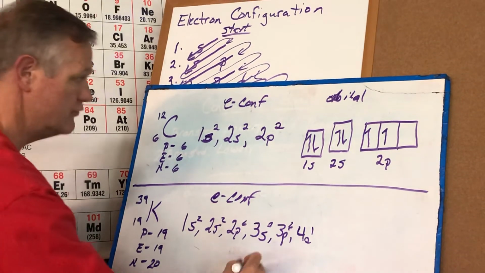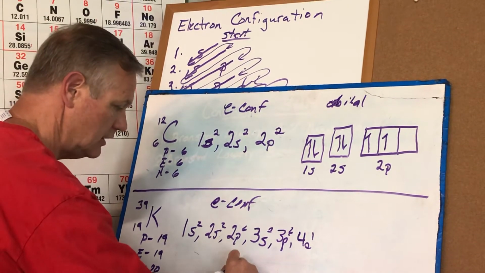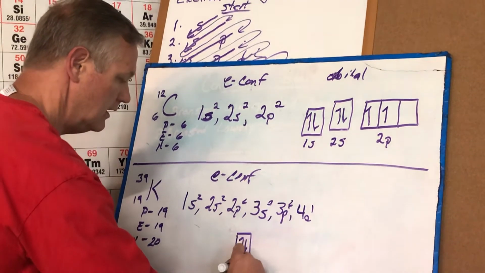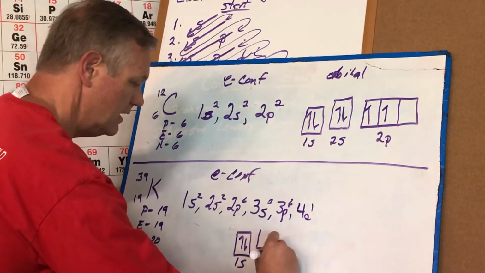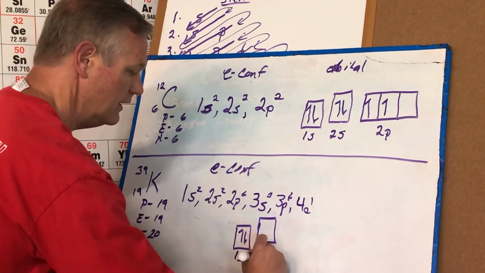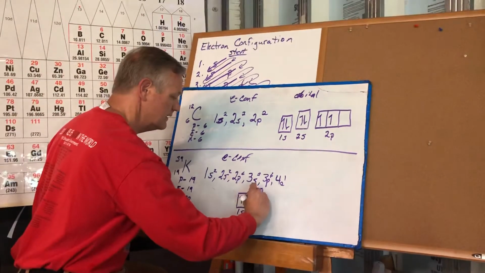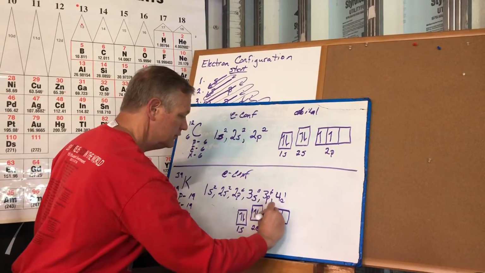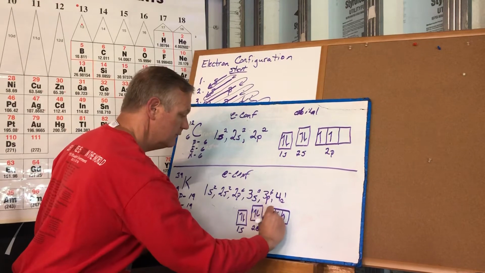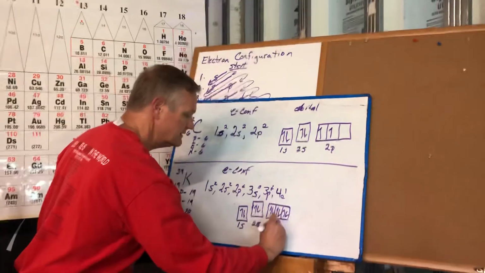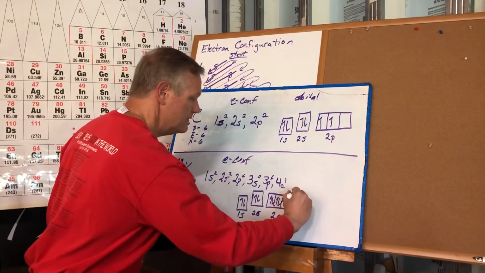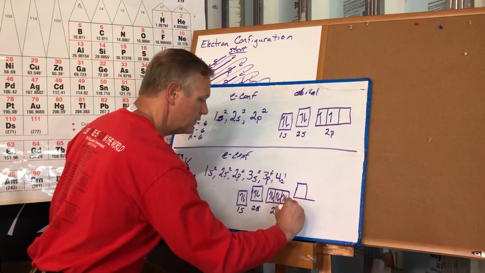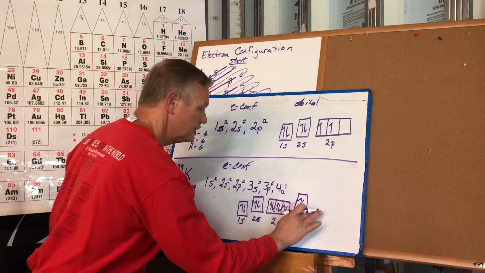So I'm going to come back and draw it out. It looks almost the same as the other one starting out. I've got 1s. I'm going to come up just a little bit for the 2s. And again, 2p, one at a time. Then they double up. That's 2p. And then 3s has 2.